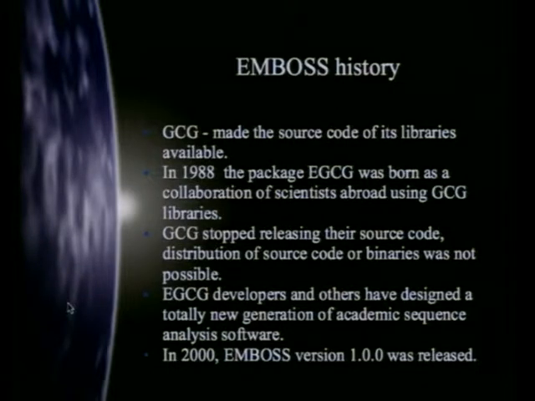But like many things happen, this institution became private, and they stopped giving away their source code. By the time they went private, many researchers already had libraries and software that they had developed before, and it was called eGCG, like Enhanced GCG.